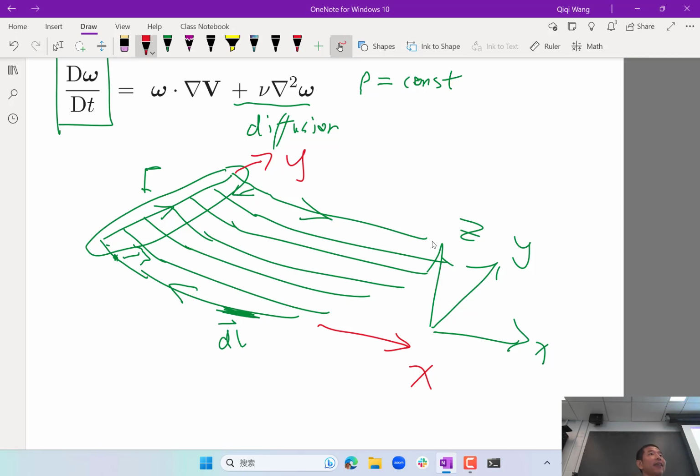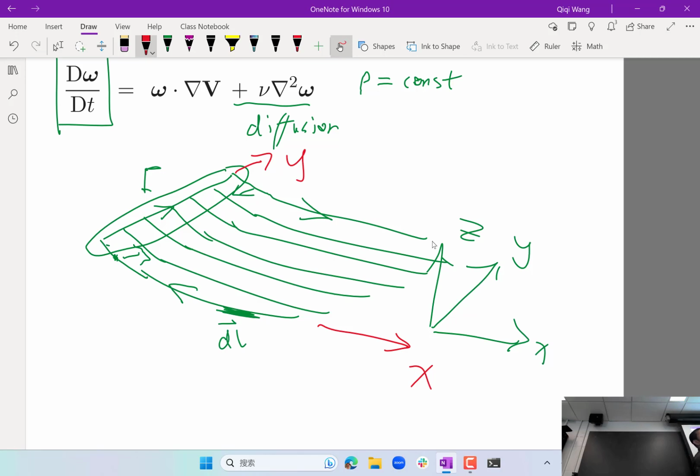Question? Other questions? Yeah. So we're doing dl cross r. Yes. And r is in the x and the z direction, right? r is this position minus the position of this vortex that's inducing the flow field. So r is this minus this, right?